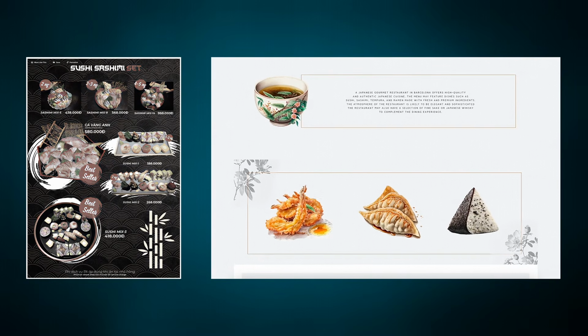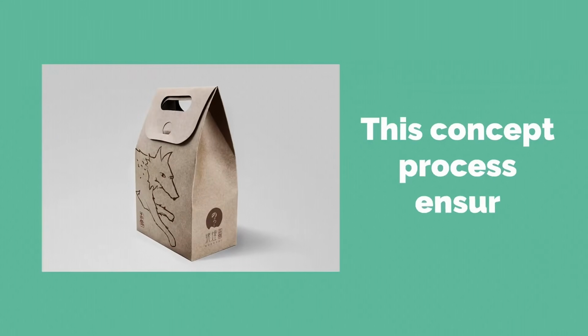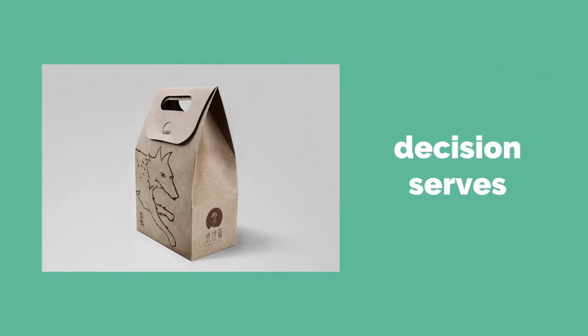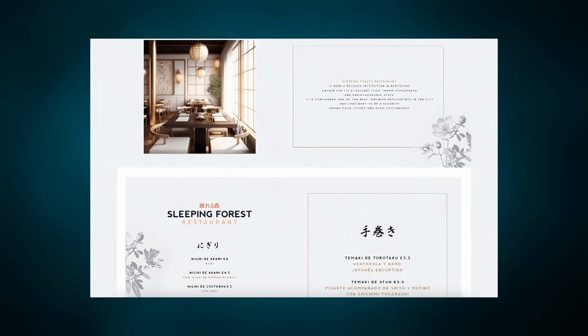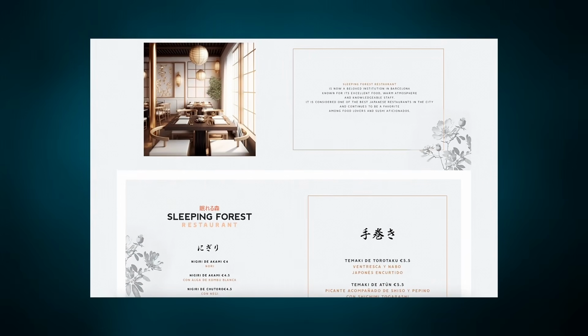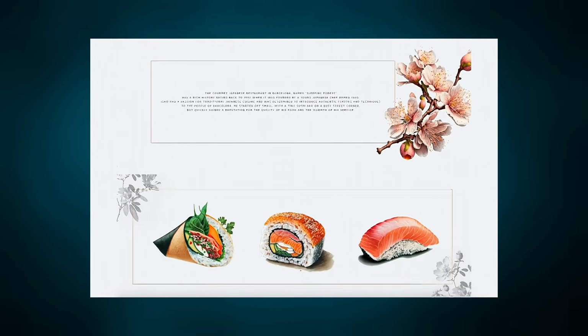With that in mind, on screen, only one concept design would work for this project. This concept process ensures that every design decision serves a purpose, and this results in a menu that is not only showcasing dishes, but also enhances the overall dining experience, enticing customers and fostering a memorable impression of the restaurant's culture. But the concepts are not the final stage.